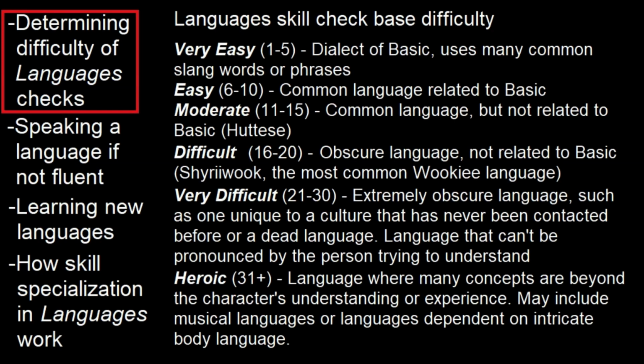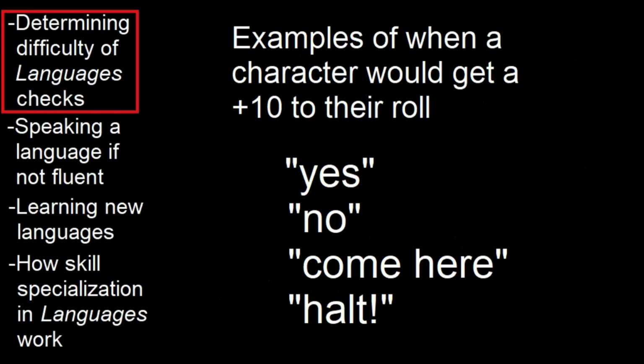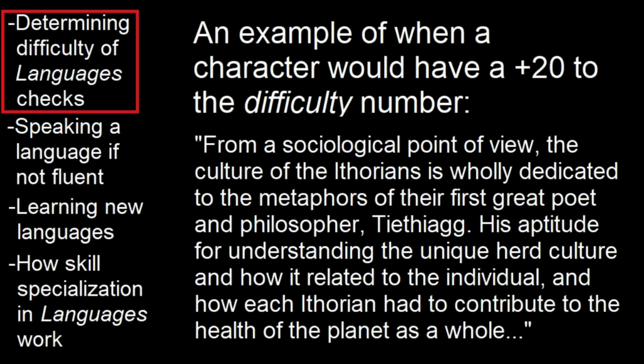You can substitute the name of the language being used to determine difficulty for where it says Basic, like in the Chewbacca example from earlier. There are also modifiers based on the complexity of what's being said, and they range from a +10 to the character's roll for something simple, to a +20 to difficulty for really complex ideas.